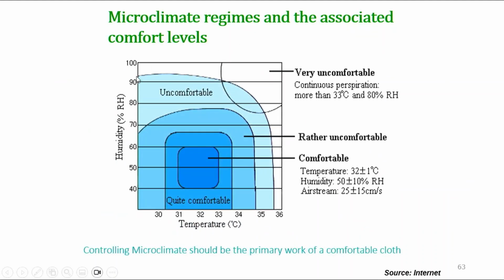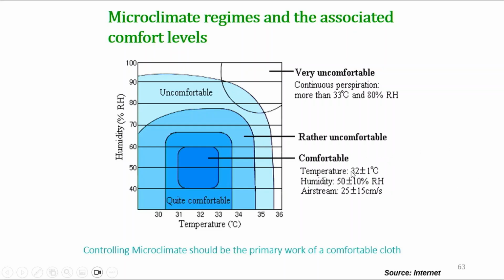Now, this is taken from the open internet, this source is available. You can see here what the correct microclimate is that you should keep for a protective textile. The microclimate target to keep a person comfortable, the microclimate meaning the climate between our skin and the inner garment, should have a temperature between 31 and 33, so 32 plus or minus 1.